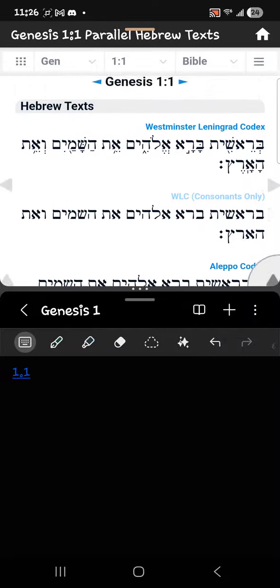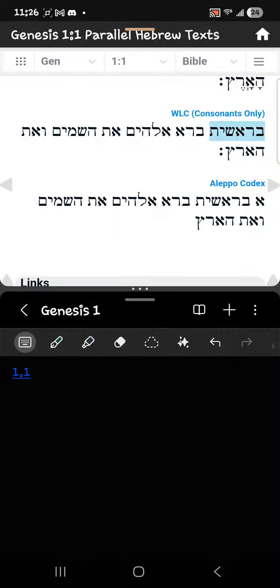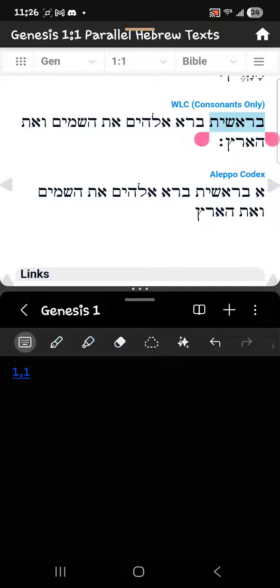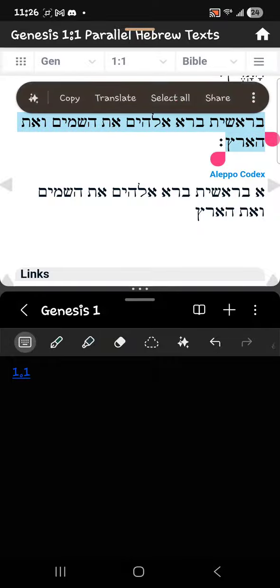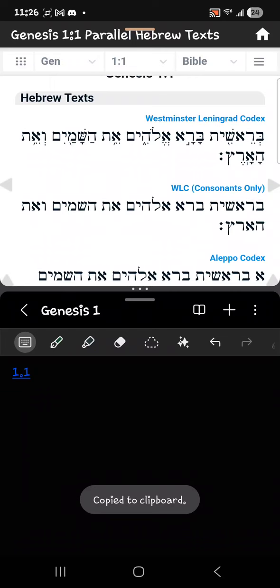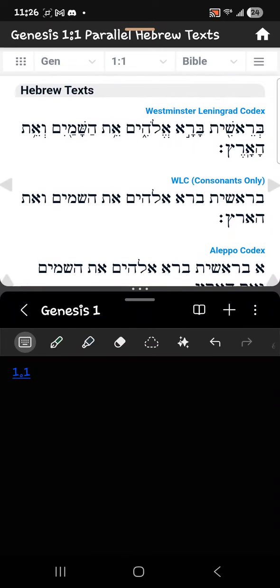What you're going to do is this: you're going to copy. Why this? Because all this stuff right here doesn't matter. You see all these things right here, all those dots and whatnot.